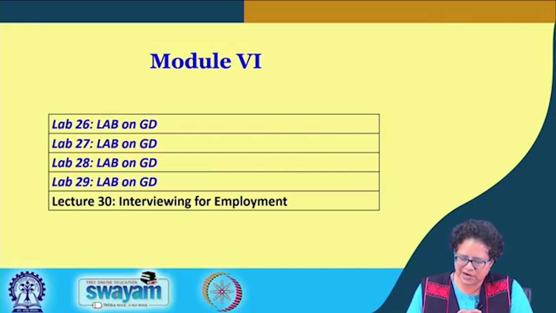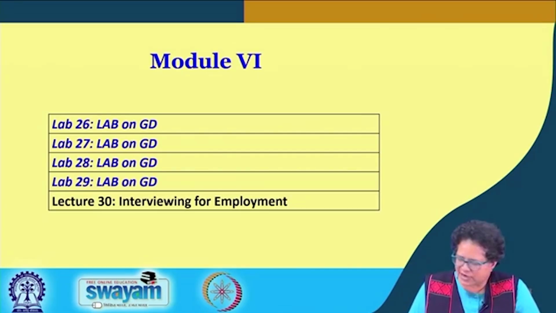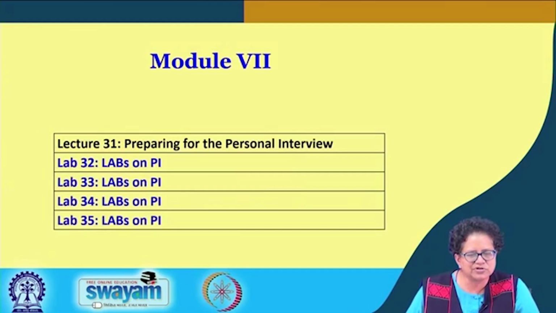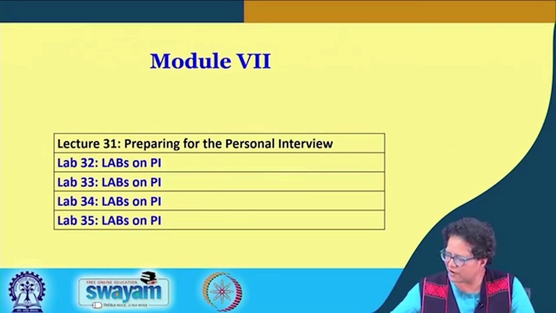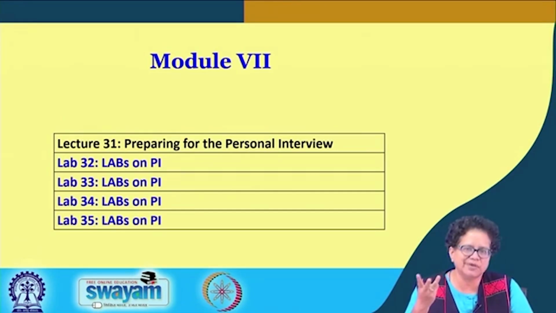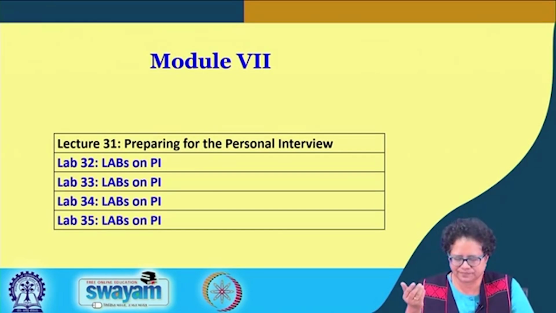And then let me tell you that we came next to the interviews and the practice sessions on the interviews in module 7. We had 4 lab classes on the personal interview, labs number 32, 33, 34 and 35, and what we did is we arranged the MHRM students into interview panels of 3 members each, and each panel interviewed 2 candidates one by one.